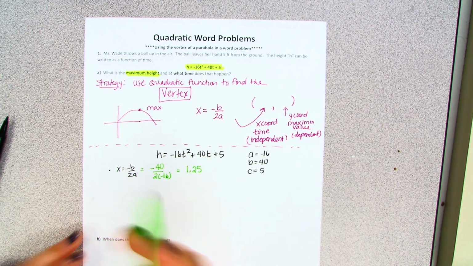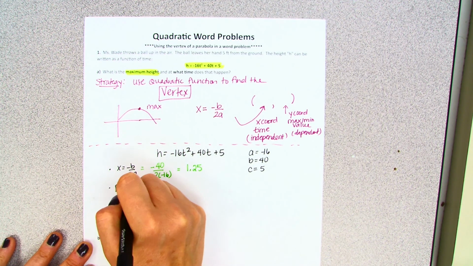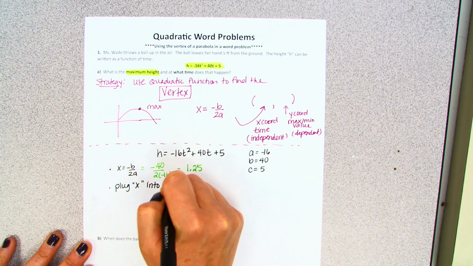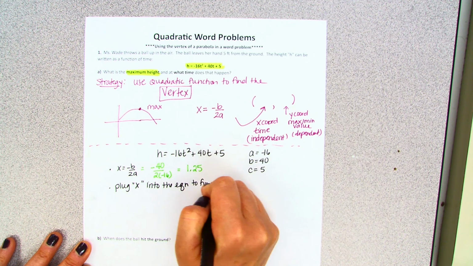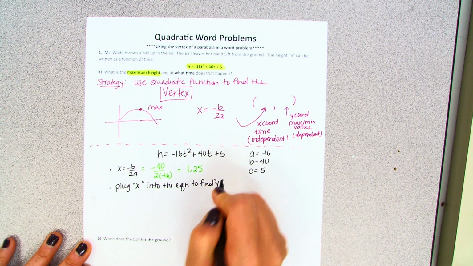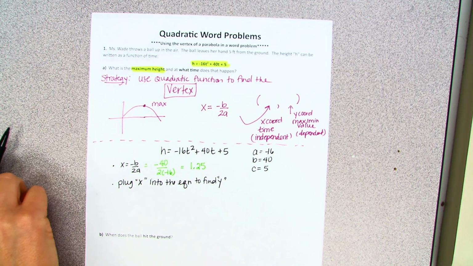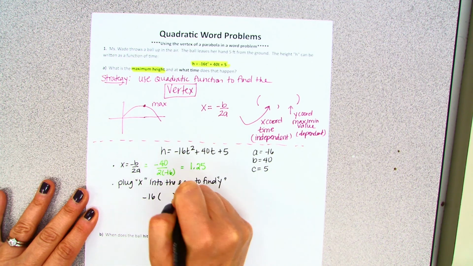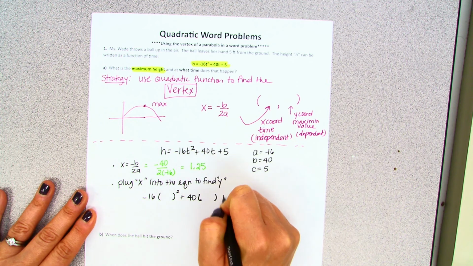Okay? Now once we have the x coordinate, we're going to plug our x into the original equation to find y. Remember, x in this case is the time, and y is the height. So I have negative 16 t squared, but instead of t, I'm going to put my x.